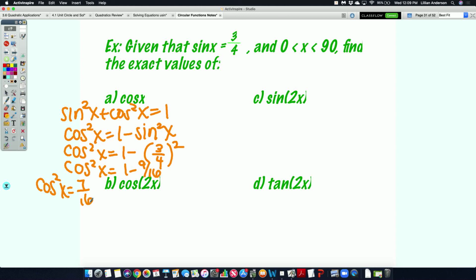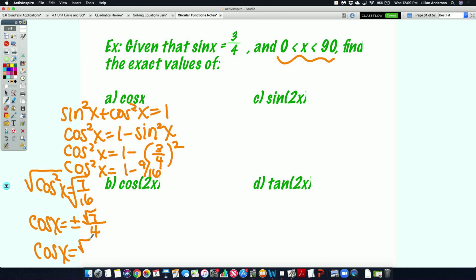Subtract your numerators. How do I solve for cosine x? I need to take the square root. Now, when you take the square root in an equation, it's going to be what? Plus or minus. Here, it's going to be plus or minus the square root of 7 all over 4. But because x is between 0 and 90, is cosine positive or is cosine negative? It's positive. So my solution, cosine x, is positive square root of 7 over 4.